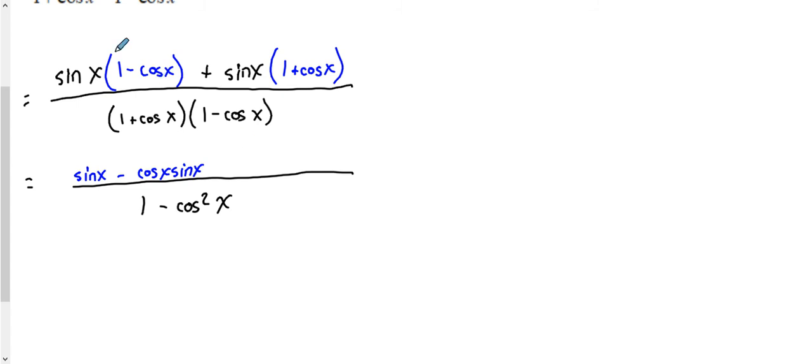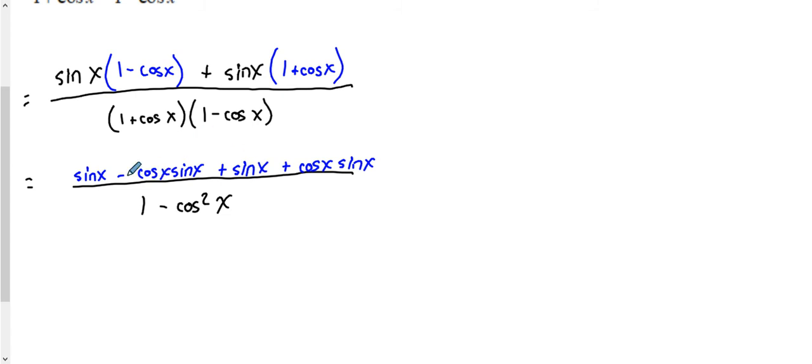Now we're on the second half, so I'm going to go sine x times 1 again, plus another sine x, then plus, this time, cos x sine x. Notice that I went cos and then sine; I just go alphabetically usually. From here, I notice that I can cancel a few things out.